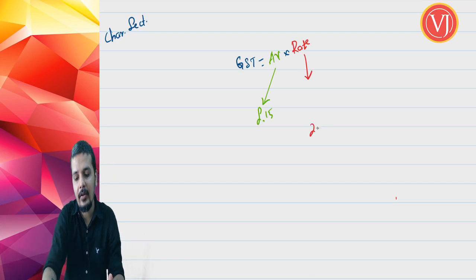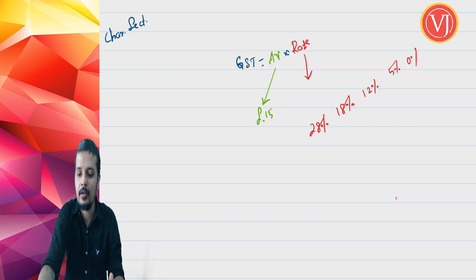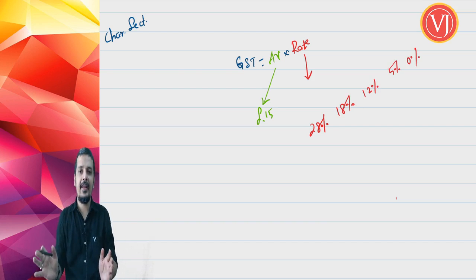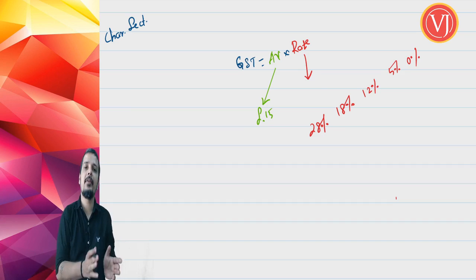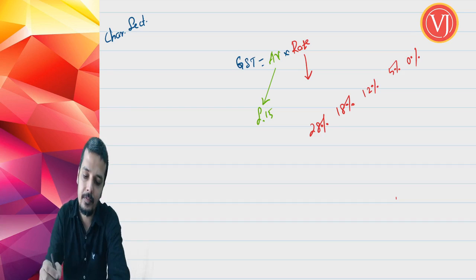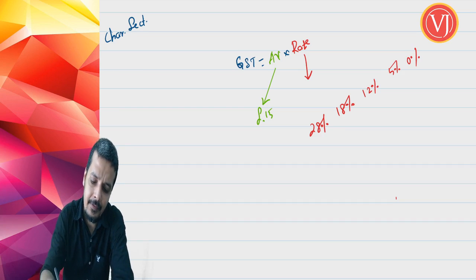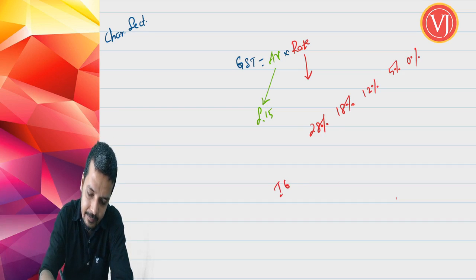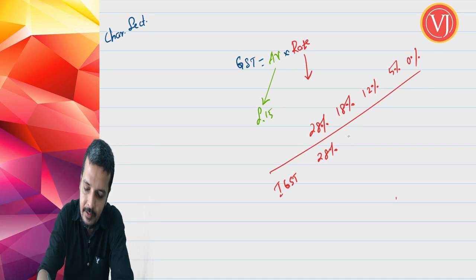So 5 rates you have in GST: 28%, 18%, 12%, 5% and 0. These are not the only 5 rates, but the main 5 rates that you have. But wait, if it is IGST, it will be the same: 28%, 18%, 12%, 5%, 0%.